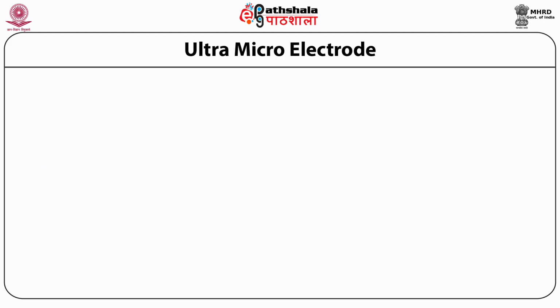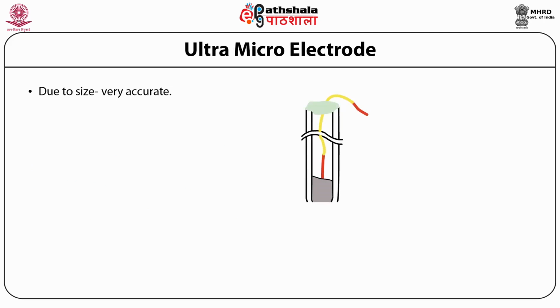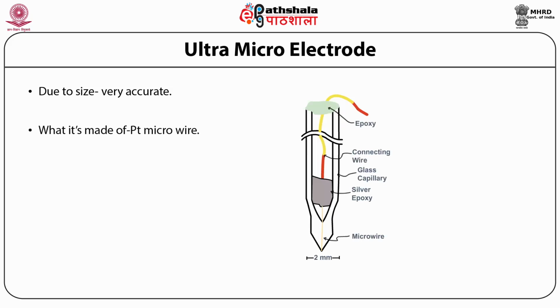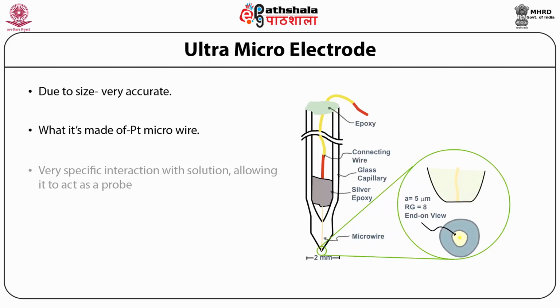Ultramicroelectrode. Here, due to its size it is very accurate. It is made of platinum microwire, with very specific interactions with solution, allowing it to act as a probe.